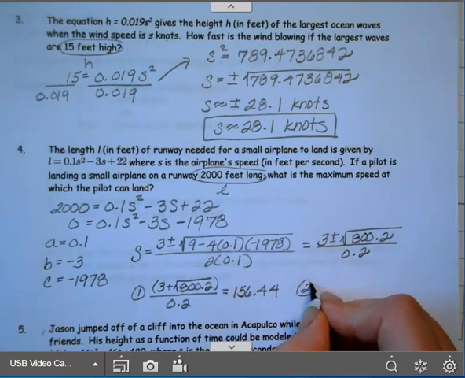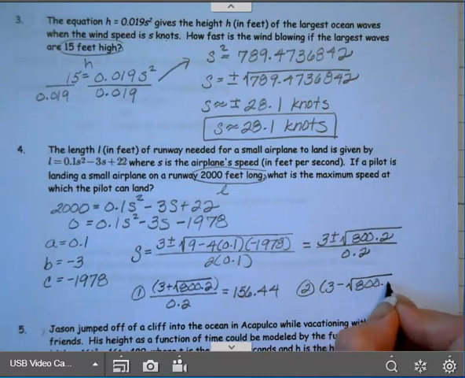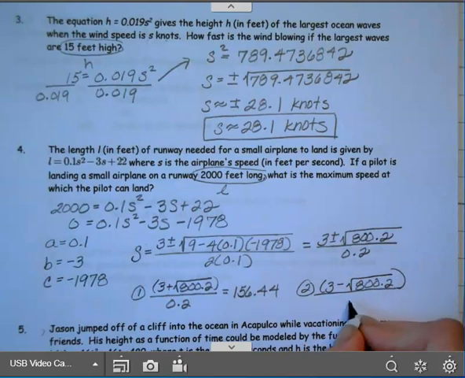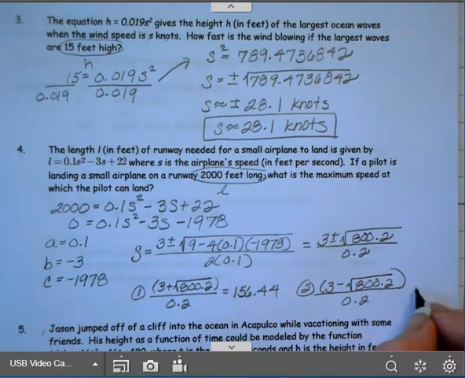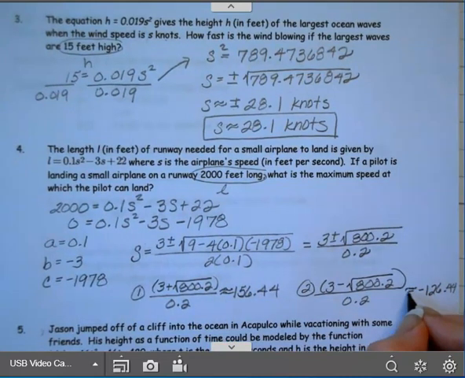And on the second one, you're going to have 3 minus the square root of 800.2. Make sure that's in parentheses, and that is divided by 0.2. And that gives you negative 126.44. And I did approximate these, so they weren't exactly equal.